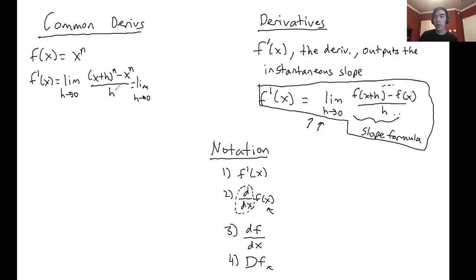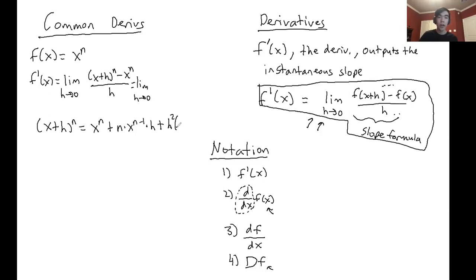If you don't know what the binomial theorem is, that's fine. You can just take it for granted that if you take (x plus h) to the n, you can expand it and you get x to the n plus n times x to the n minus 1 times h plus, and then you have more terms, but each of these has an h squared in it.